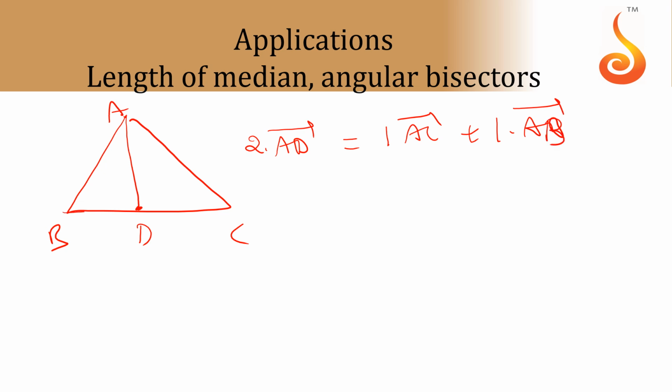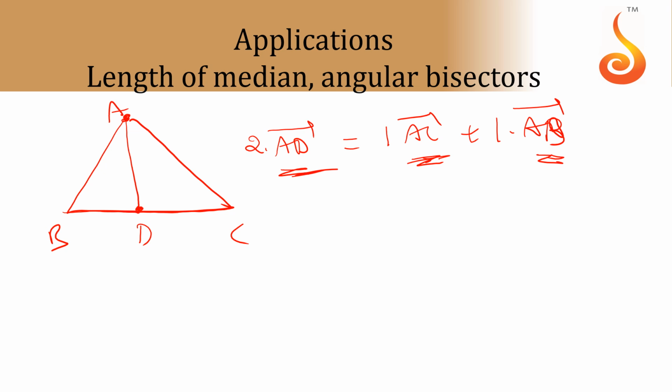Because let us treat BC as a line segment, and D is the point which is dividing it in the 1 is to 1 ratio. Let the point P be A. Then 1 into AC bar plus 1 into AB bar equal to (1 plus 1), 2 into AD bar. So if you know points A, B, C or vectors AB, AC, then you can find the AD bar vector and its magnitude also you can find.